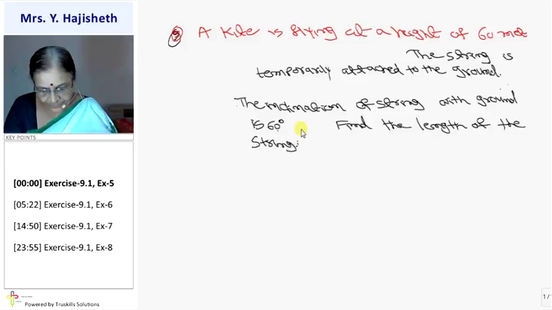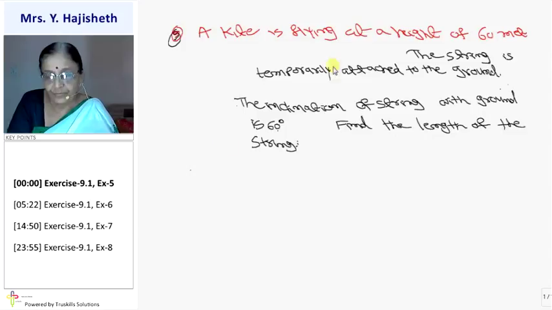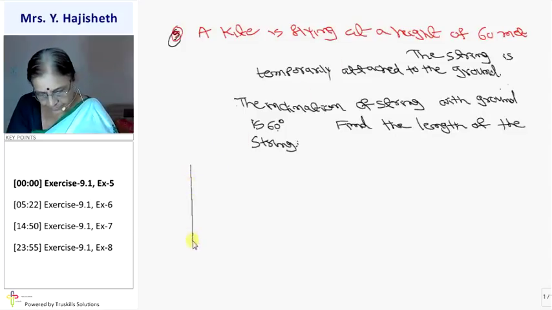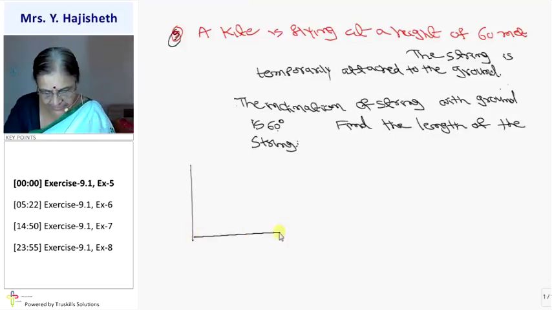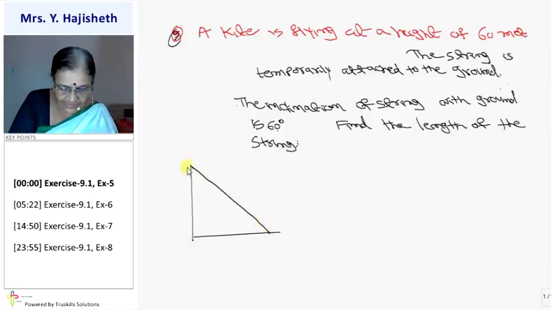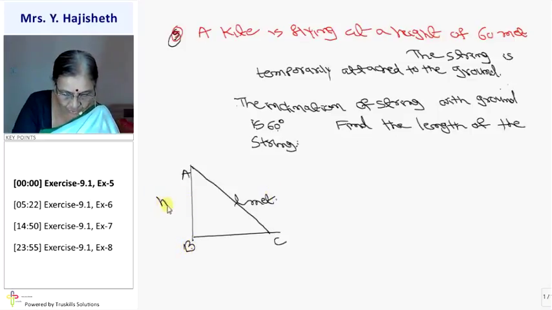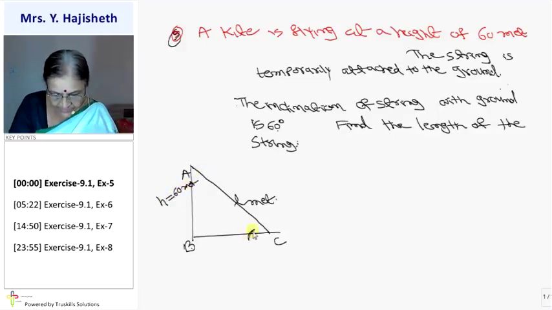Now I will draw a figure like this. Look here, this is AC is a string, okay, of length L meter, clear? And AB is a height of the kite, that is 60 meter, okay? And this inclination is given as 60 degree, clear?